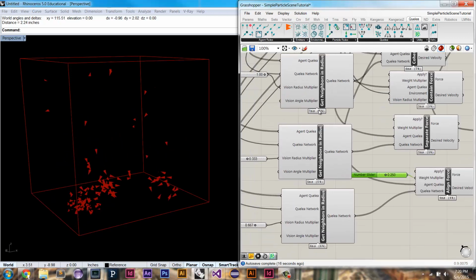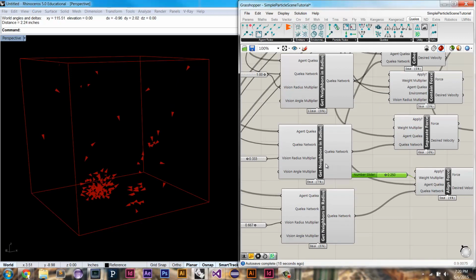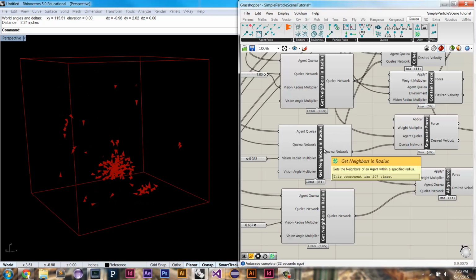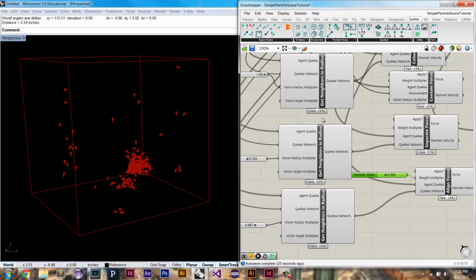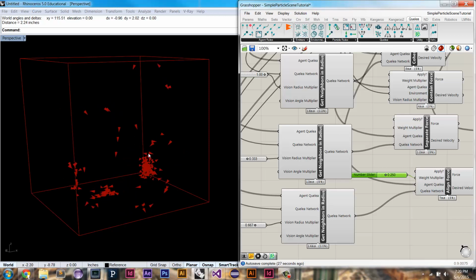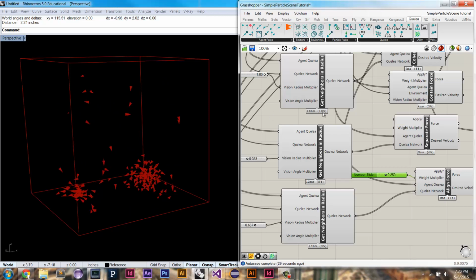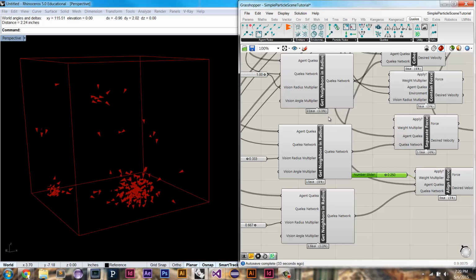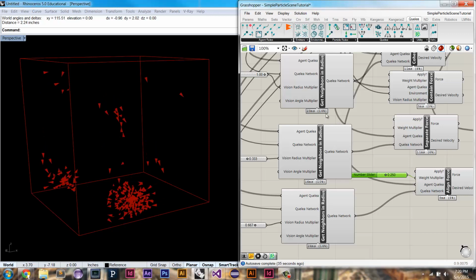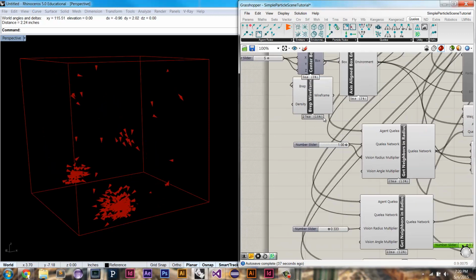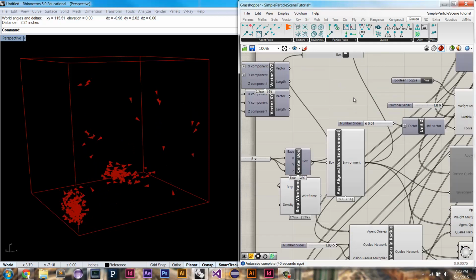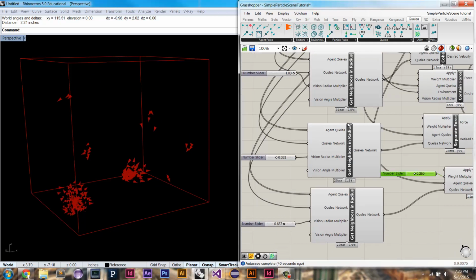We should start to see these numbers creep up. In order to calculate the neighbors in a given radius, you have to look around and potentially look at every other agent in the scene, although there are optimizations to get around that. But we can see that it's getting pretty high here, and each one of these is really high. And I'm actually going to turn off continuous flow so that we don't completely overload my computer.